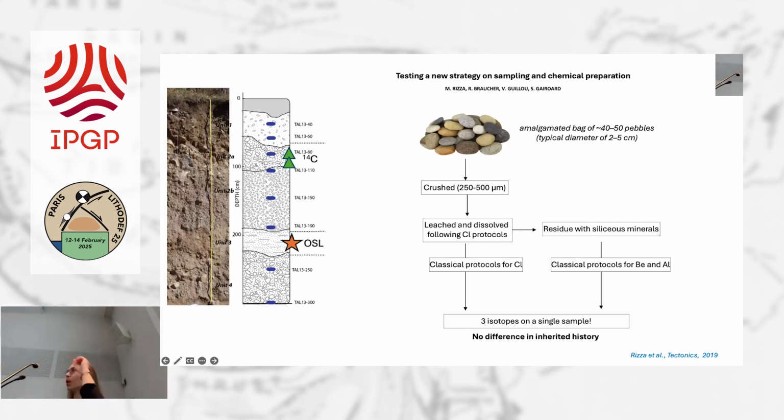I used the same pebble, and on the same pebble, I did the chlorine, but also the regular protocol for beryllium and aluminium. It means that from the same amalgamated pebble, I have finally 3 isotopes on the same sample. So I cannot invoke any difference in inherited history, because if you use one sample for chlorine and one sample for beryllium, maybe they have different histories, but this is not the case.